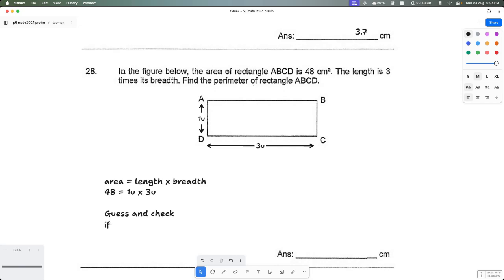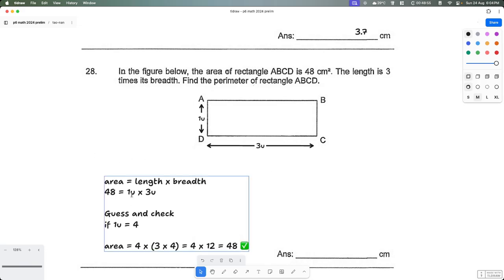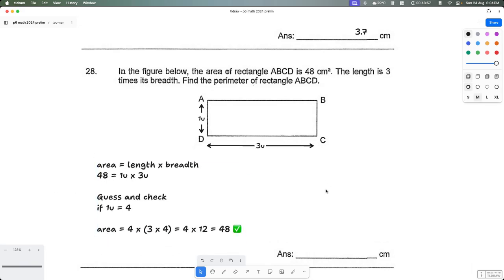So if 1 unit is equal to 4, that means area is equal to 4 times 3 times 4, which means this will be 4 times 12, which is 48, which in this case is the correct one. So that means 1 unit is 4, right? Okay, so now we know that.